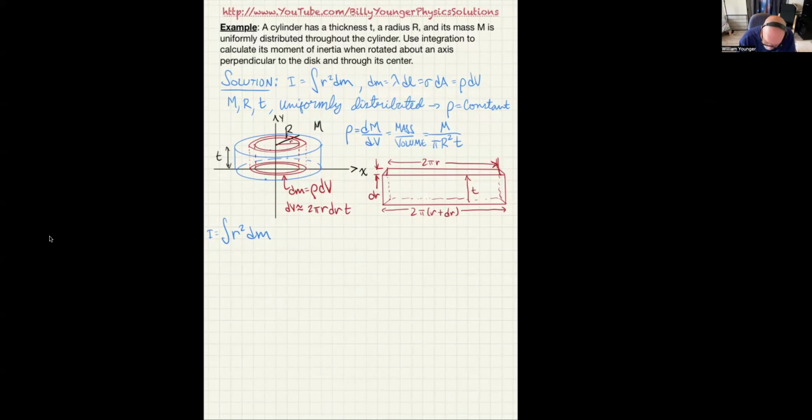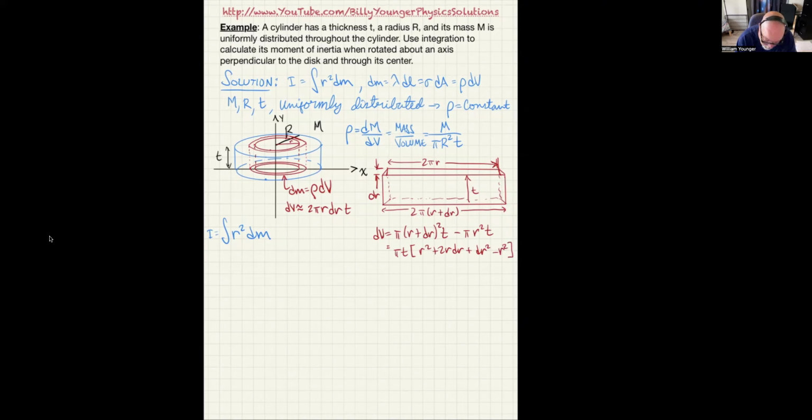In reality, though, if we actually worked all the details, dV is actually equal to pi times r plus dr squared times t. So that's the bigger outer cylinder. Minus, I need the smaller inner cylinder, which is pi r squared t. So if you actually computed that, what you get is pi times t, which is common to both terms, times r squared plus 2r dr plus dr squared minus r squared.